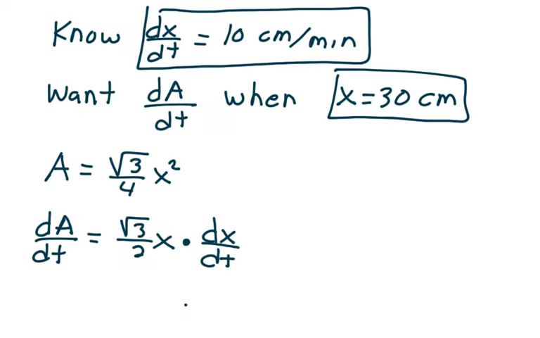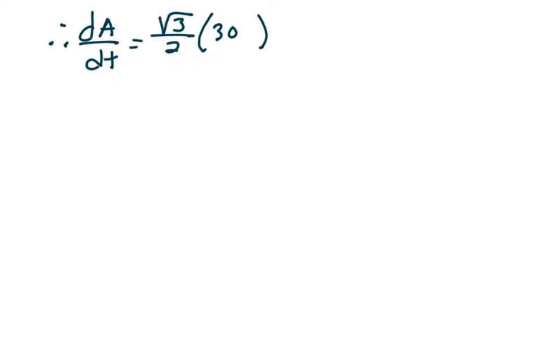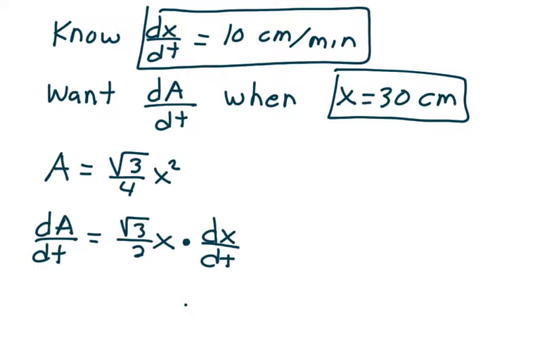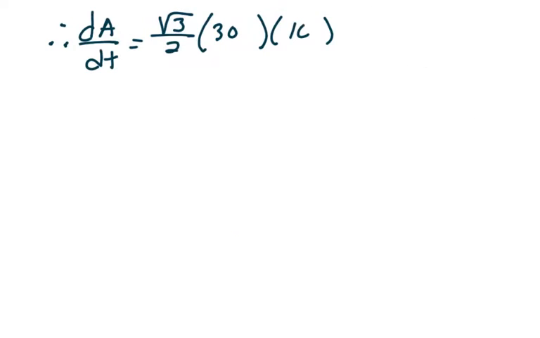And so therefore dA/dt is square root of 3 over 2, multiplied by x, which is 30, and then multiplied by dx/dt, which is 10. When I multiply all that out, I get 150 root 3.